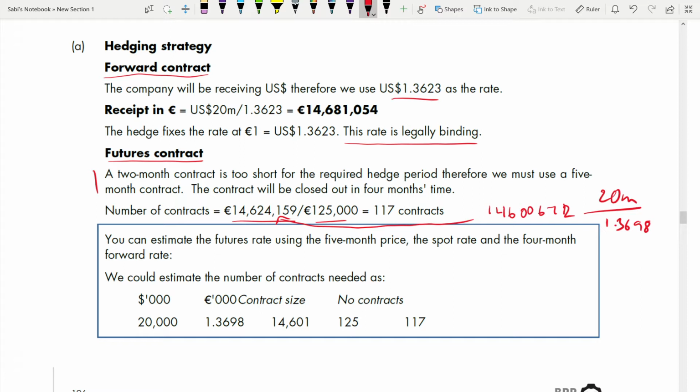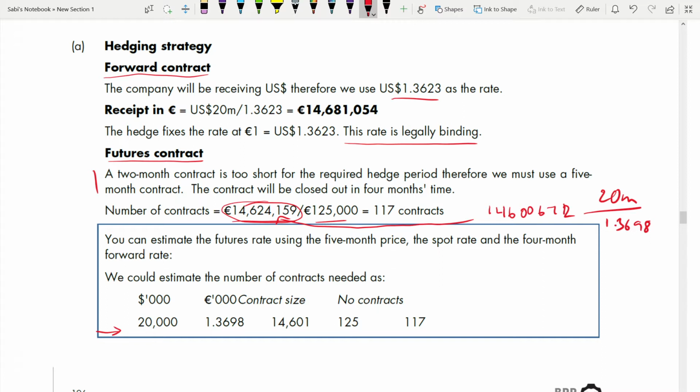Now, you can estimate the future rate using the 5-month period, the spot, and the 4-month forward. You can estimate the number of contracts needed as this. Okay, so there is another method maybe. So that's how they have got this one. But we have been learning it this way. So this is the correct way, the second way, right?